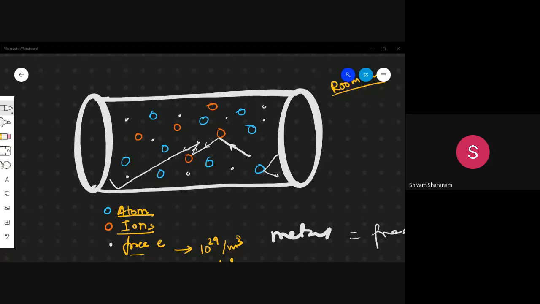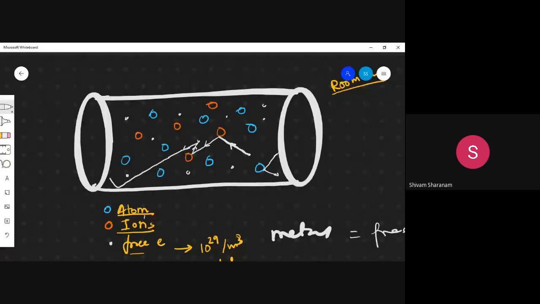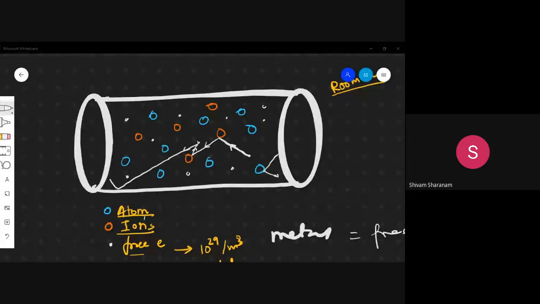Brownian motion. Okay. And why do they have this motion? Tell me, why do they have this motion? Use kinetic theory of gases. That is a hint. Because they are at room temperature, and at room temperature they will have some kinetic energy. For monoatomic molecules, how much kinetic energy is there? 3/2 kBT.